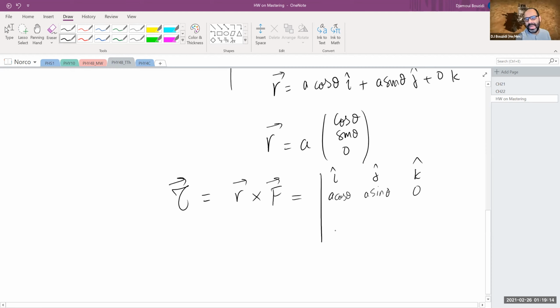And the components of the force F are minus QE, 0, 0. Are you guys familiar with this way of writing the cross product?